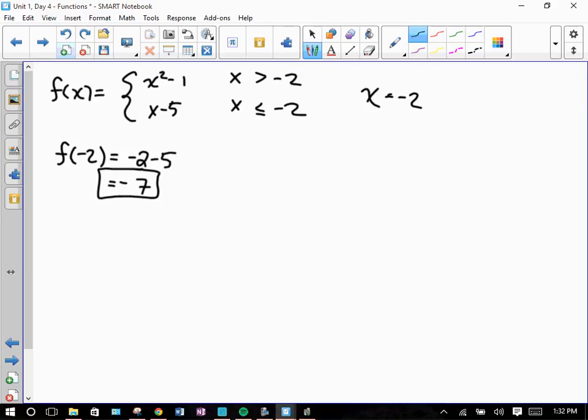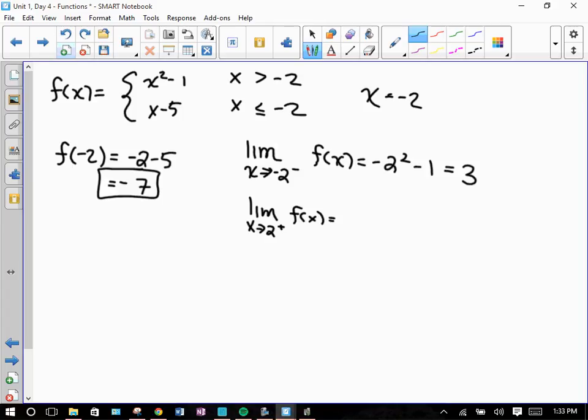The limit as x approaches negative 2 from the left of f of x is negative 2 squared minus 1, which is equal to 3. The limit as x approaches negative 2 from the right of f of x is negative 2 minus 5. We've already done that one: negative 7. Are the left-hand and right-hand limits the same?